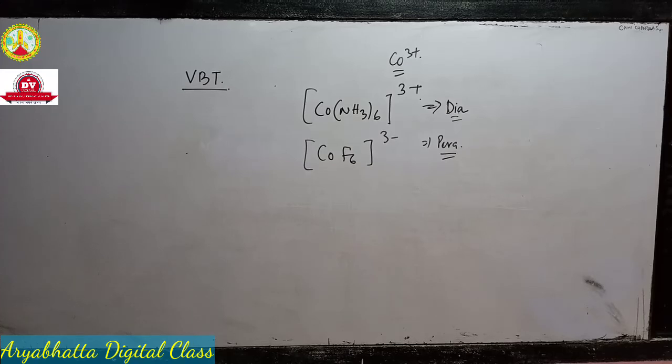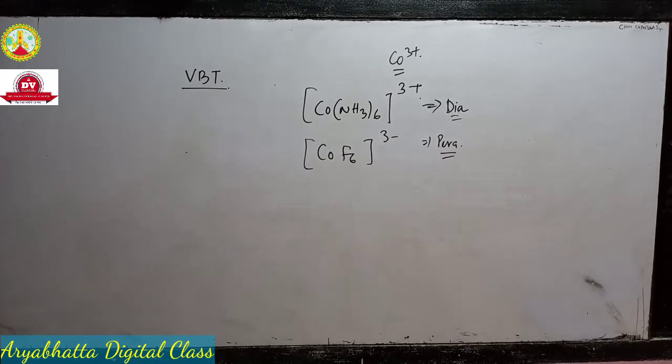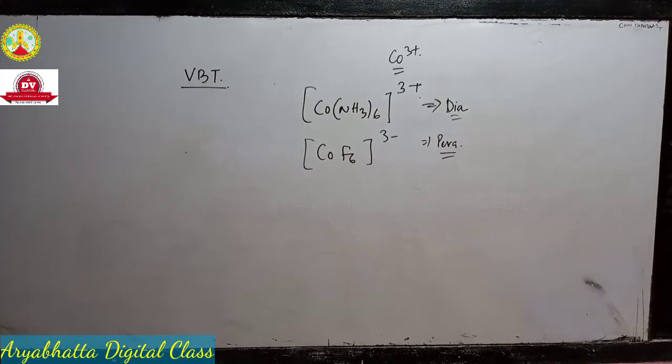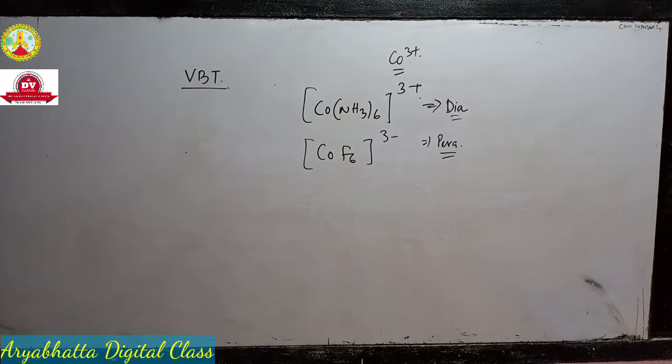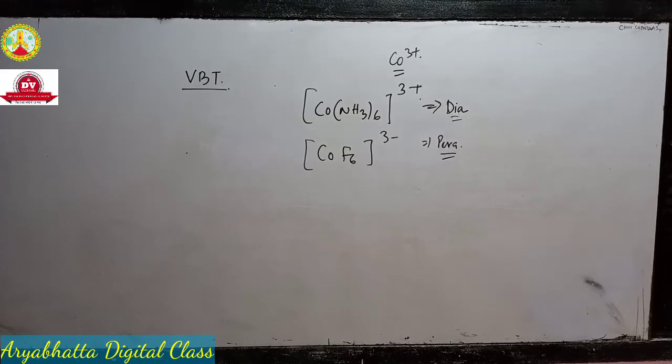We have seen in the examples that it's very difficult to understand why in case of cyanide we got dsp2 and why in case of chloride we got sp3 hybridization. There was no explanation, it was based on assumptions basically. It does not distinguish between weak and strong ligands.